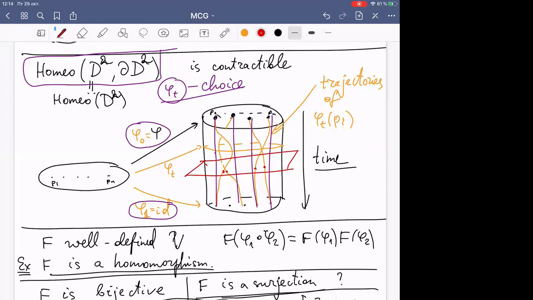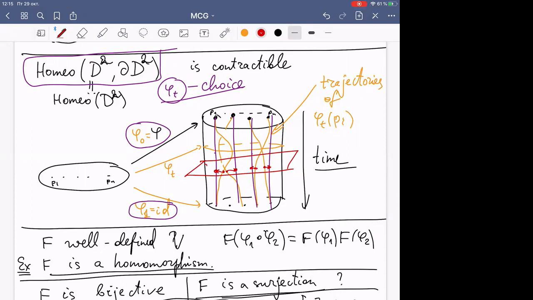We have this set of points, the intersection of our level with the braid. Of course, the matter is that we have a canonical way to move these points to the corresponding points P1, Pn.